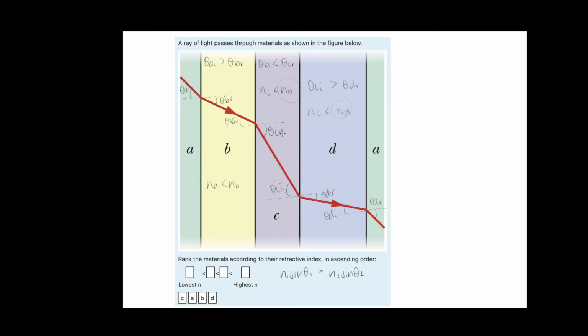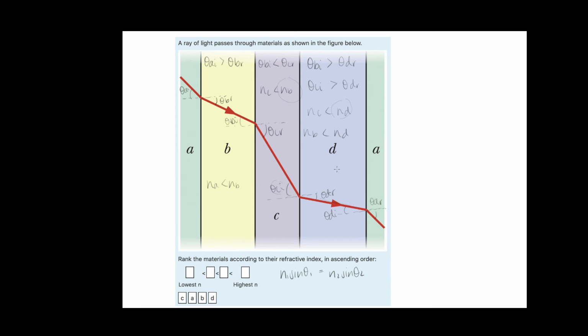These are exactly the same angles. So here we've got the exact same case, but we're sending it this way. Now theta BI is actually greater than theta DR. Therefore, the refractive index of B must be less than the refractive index of D. D has to have the highest refractive index.